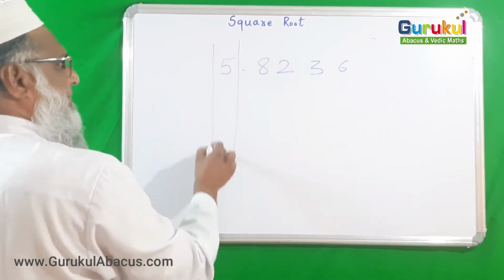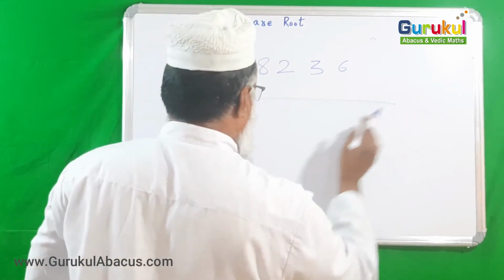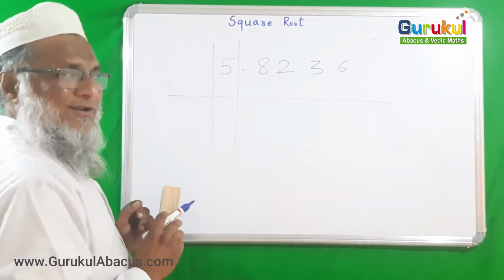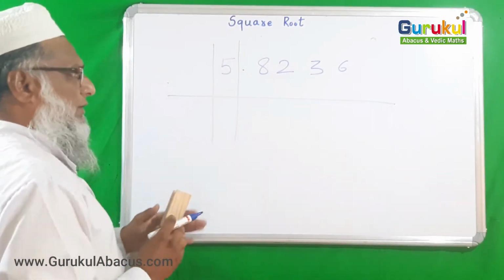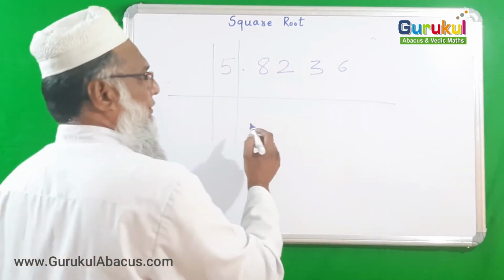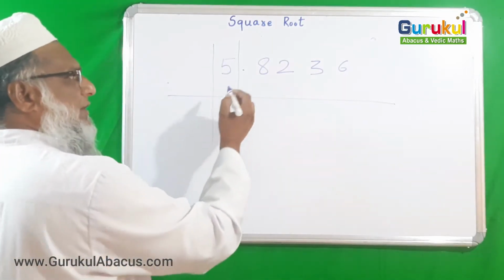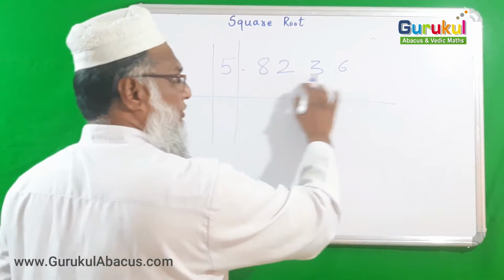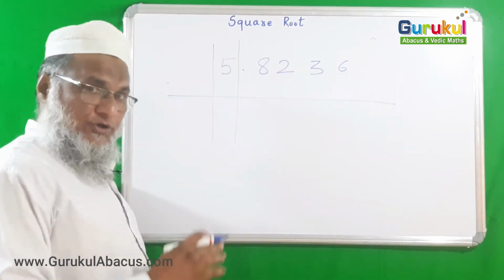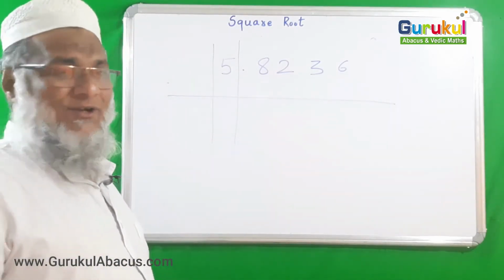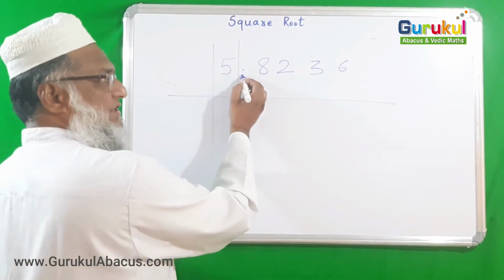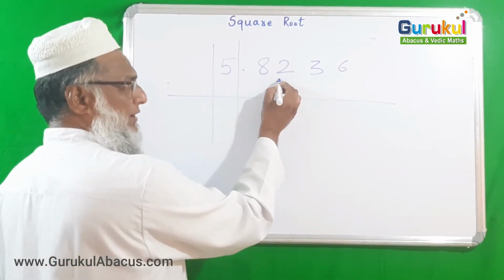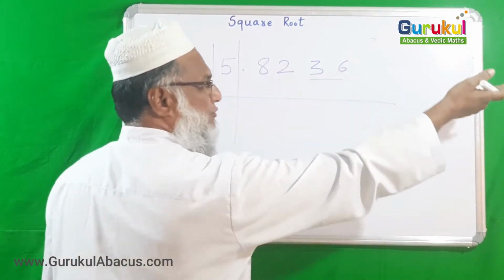You have one pair only. But by observing you can understand that you have many numbers after the decimal point. So here also we need to make pairs. So now you can pair from the decimal point.